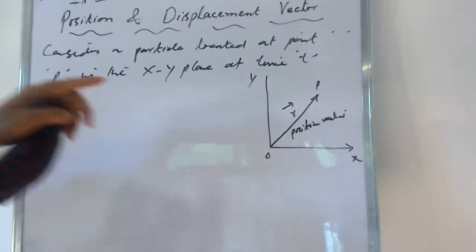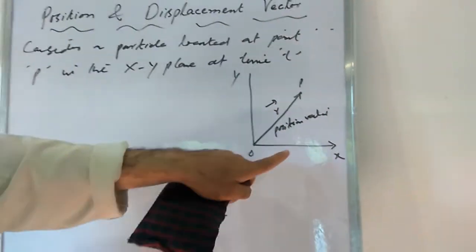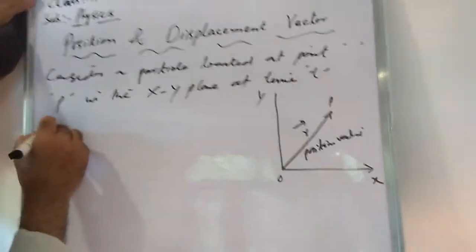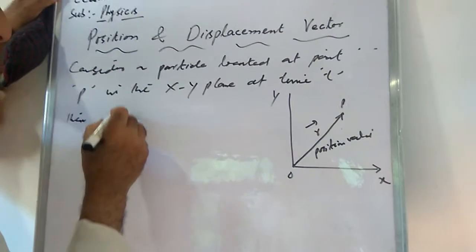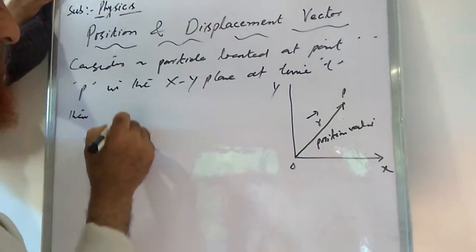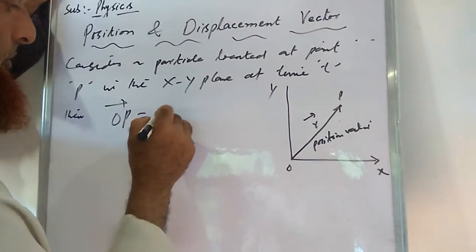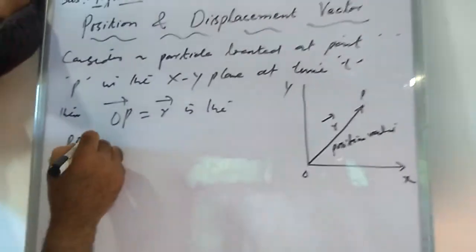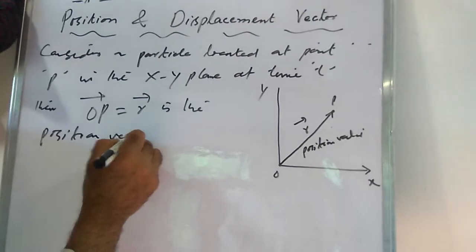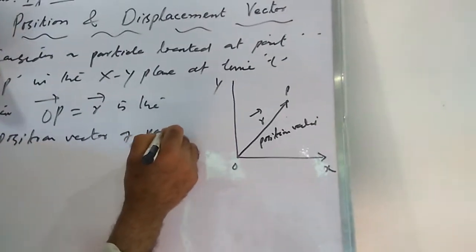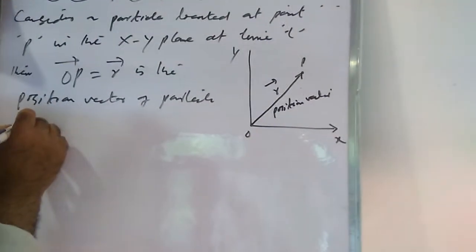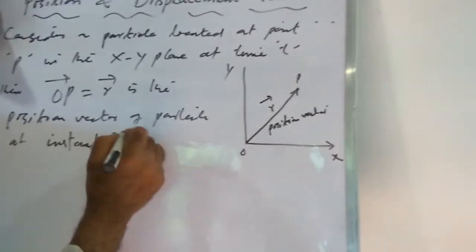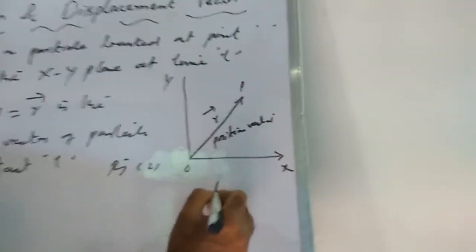Look here. Now we will consider a particle moving in the xy plane. It is at point P at time t. Then what is the position vector? Then OP is equal to R, the position vector of the particle at instant t.